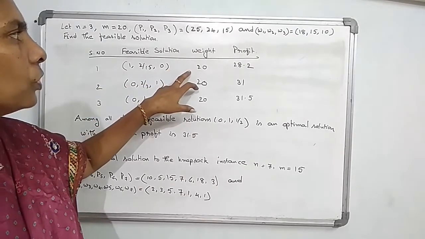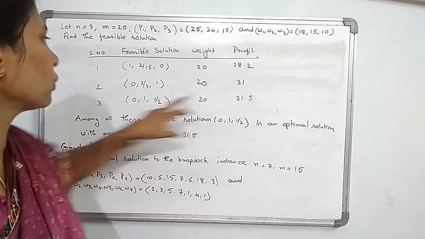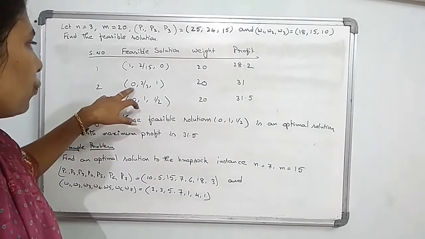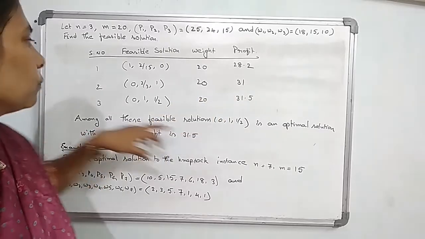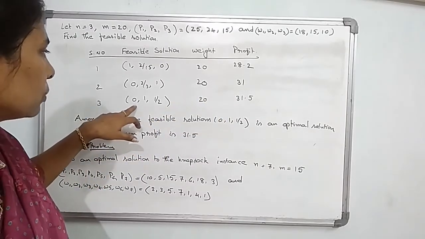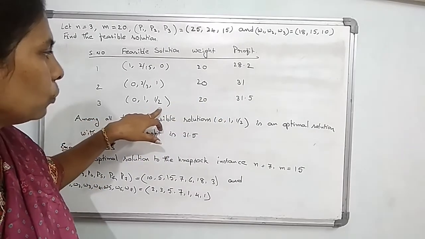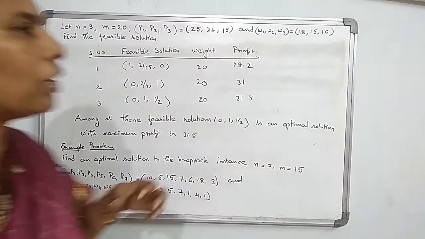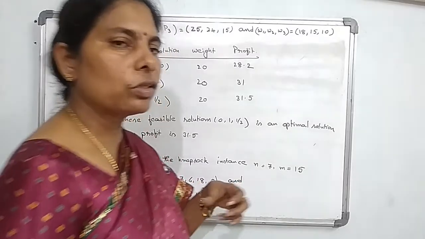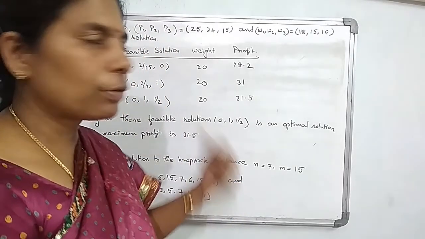The total weight is 22 and profit is 28.2. In case 2, you have the feasible solution 0, 2 by 3 and 1 and the profit is 31. In case 3, you have the feasible solution 0, 1 and 1 by 2 and the profit is 31.5.